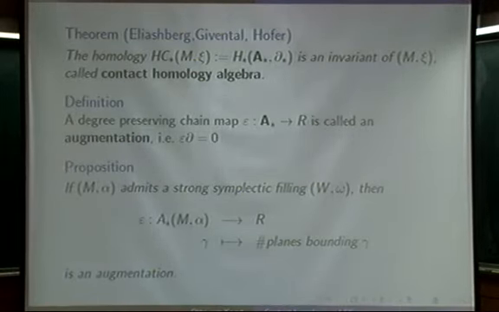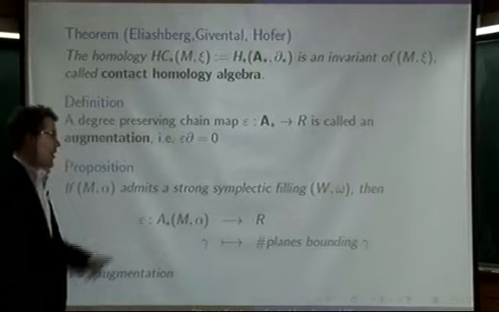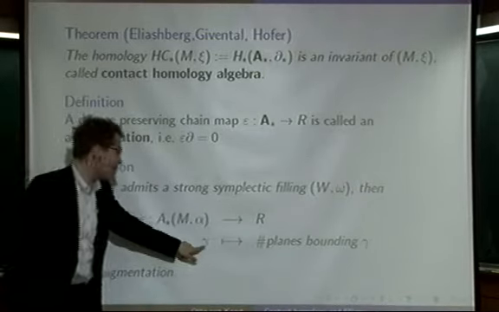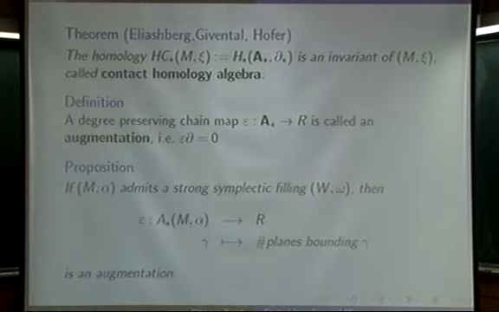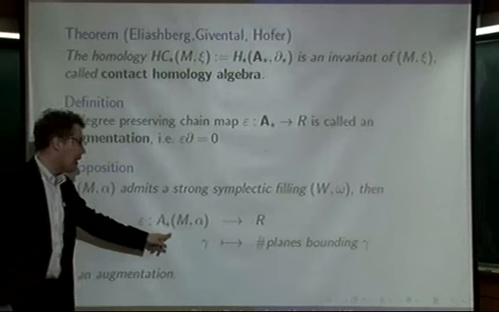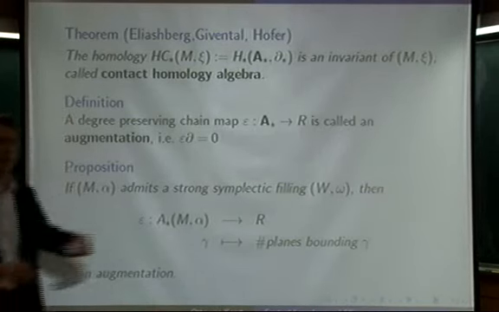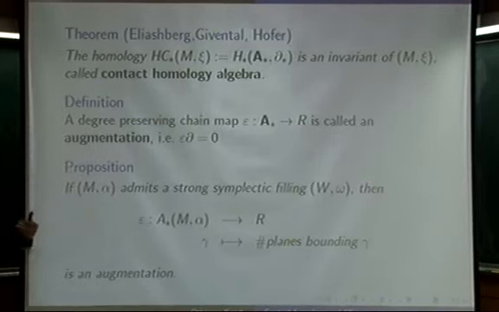If I have a strong filling of a contact manifold, then we can define an augmentation by counting the number of planes bounding an orbit. I take a generator and send it to the coefficient ring by counting the planes bounding that orbit. It's only non-zero in degree 0. In all other degrees, they come in high-dimensional families if I have transversality.